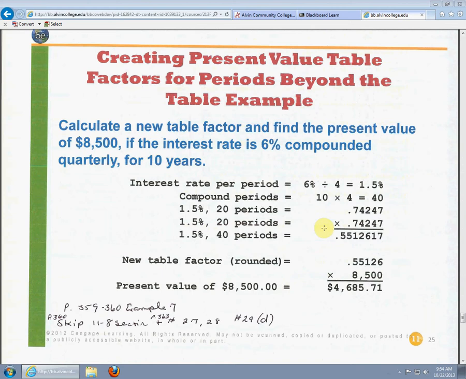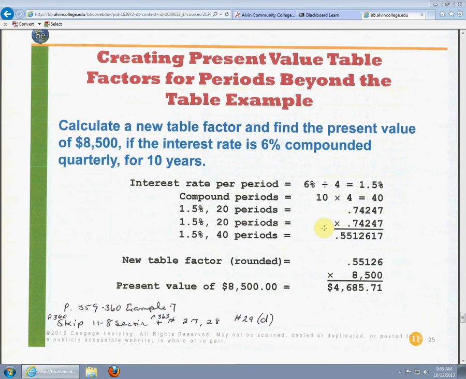We get our new factor, we round it to 5 places, 1, 2, 3, 4, 5. The next number is 1, so this would be our factor, stopping at the 6. And we would multiply that times the 8,500. And so we would need to invest $4,685.71 today for 10 years at 6% compounded interest to have $8,500 in 10 years.